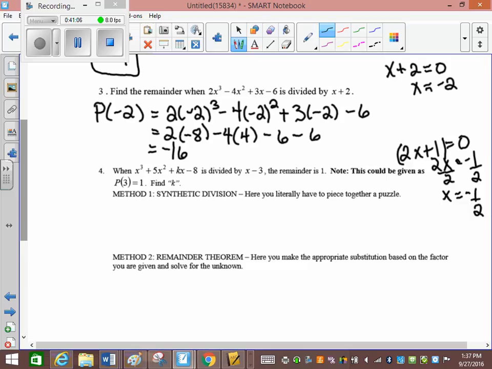You get negative 16 plus 16 minus 6 minus 6 is negative 12. So within my long division, I would get remainder negative 12. That's left over when I factor it.